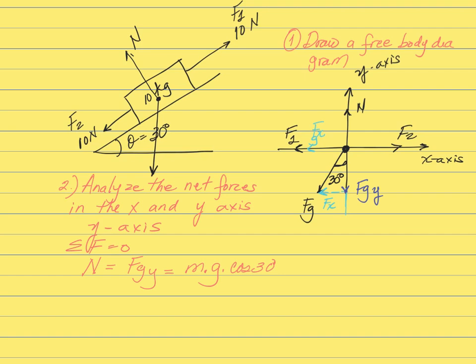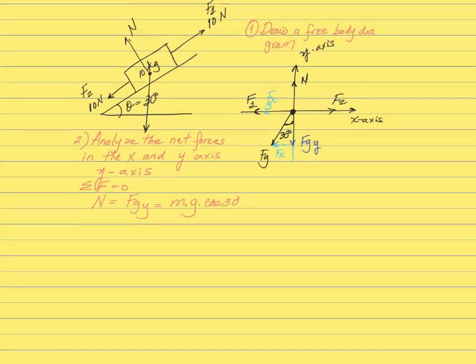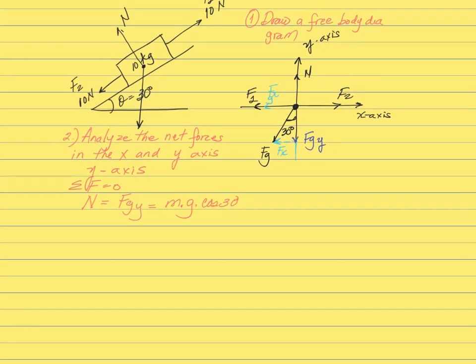Now, in the x-axis, which is in the axis that my object is moving, so I had a force 2, which is positive, plus the F. Oh, no. I make a mistake.